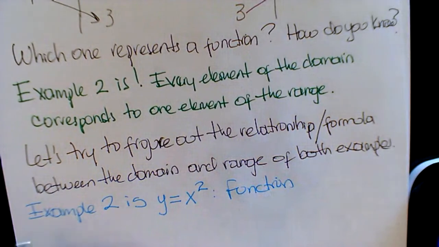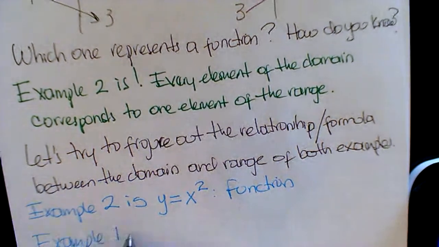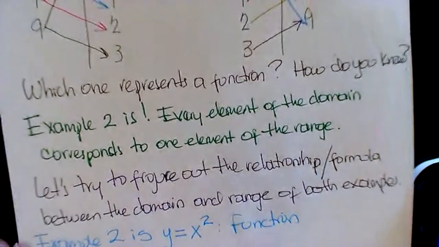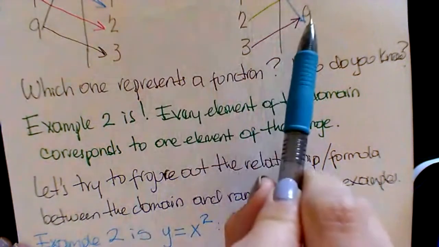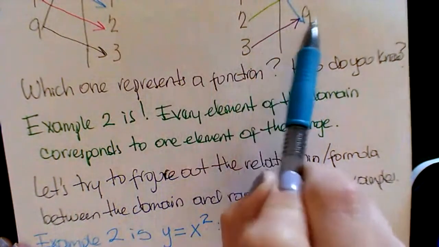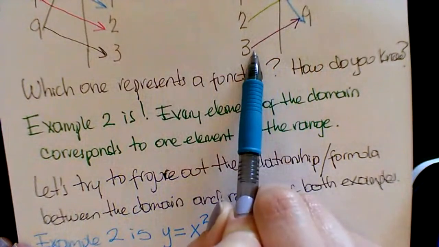Now for example 1, we said here that y was equal to x squared.